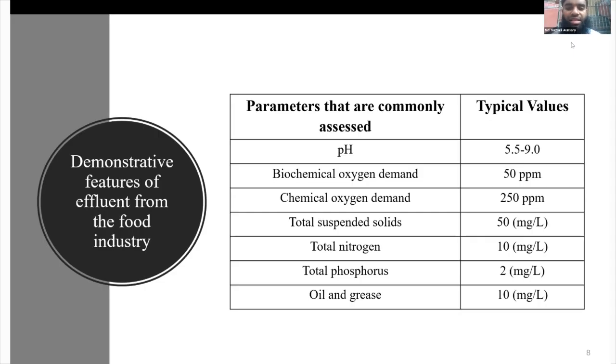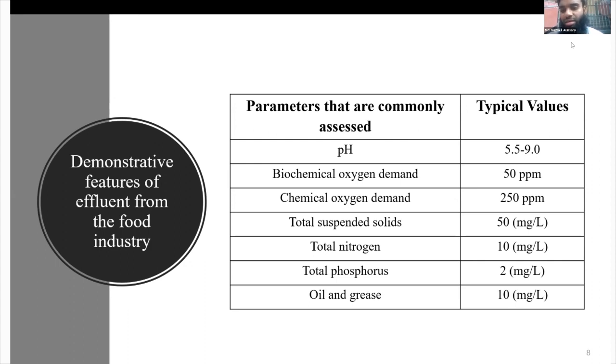Here you can see this slide is to demonstrate features of effluent from the food industry. The left side shows the parameters that are commonly assessed, like pH, BOD, COD, total suspended solids, total nitrogen, total phosphorus, and oil and grease.